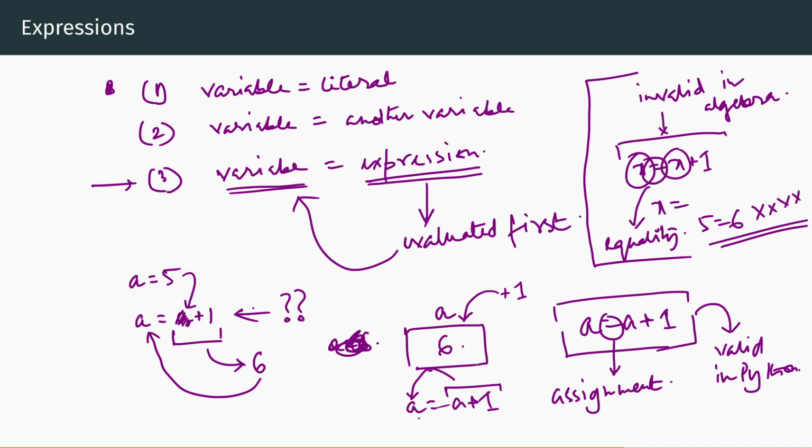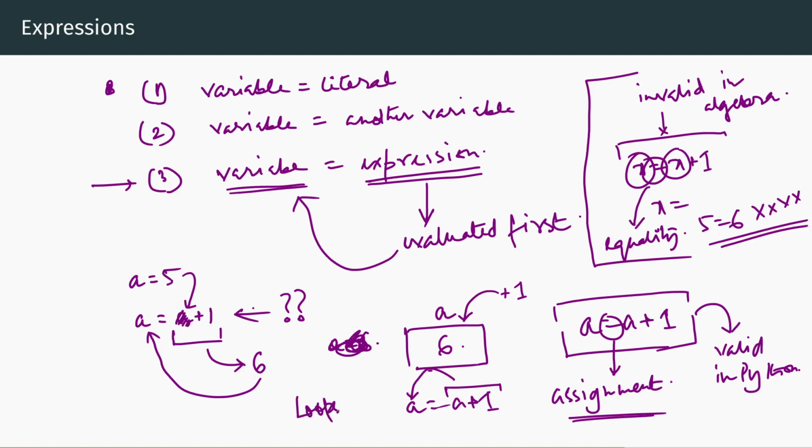This is not testing if a is equal to a plus 1 or not. That is not the case, right? This is assignment, which is why this is a valid statement in Python. And indeed, we will look at statements like these later on when we learn about loops.